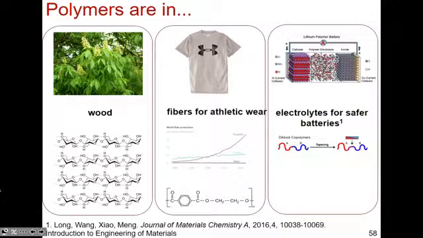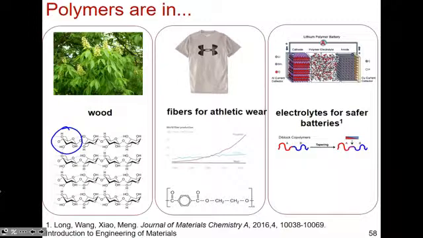And you can see here the repeating chain in which you could see all the monomers being bonded together. But wood really is a composite, right? It's not just cellulose. There's lignin, and other things in there. But there are naturally made polymers out there. And of course, we've taken advantage of that, in terms of making cellulose into other things for our uses.